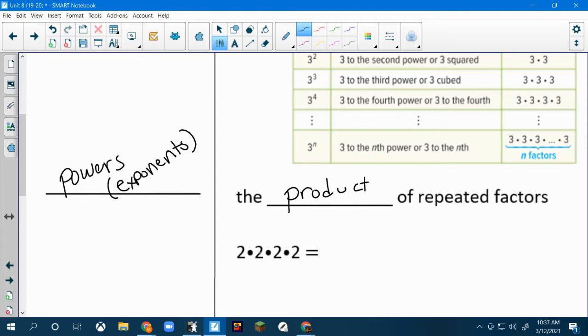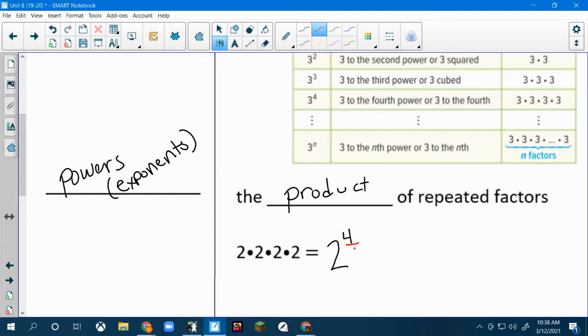So let's see this example. If I want to change this into an exponential product, what I would do is I would say, well, how many 2's do I have? My big number is 2, and it is repeated 1, 2, 3, 4 times. So it's 2 to the fourth power.